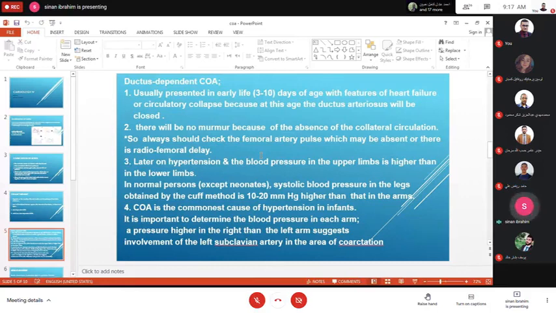One of the most difficult cases is this need patient shocked, need emergency cath lab operation for balloon or stenting to open the obstruction. So the difficulty here is to have an access point because we can't feel the femoral pulsation.